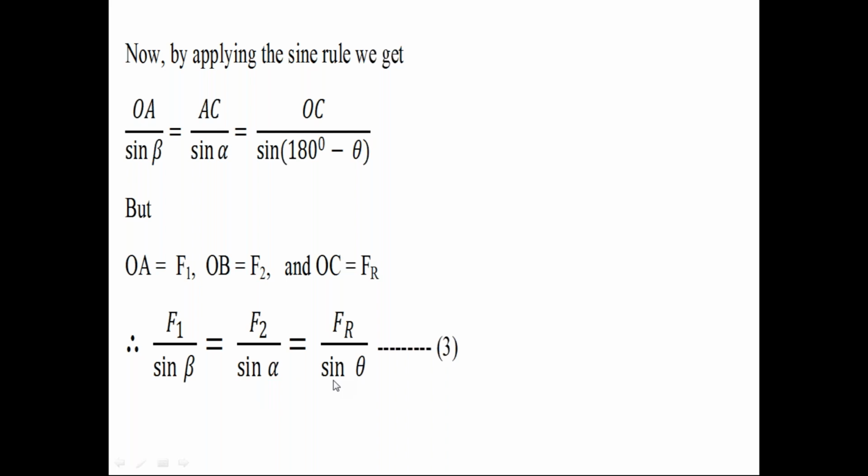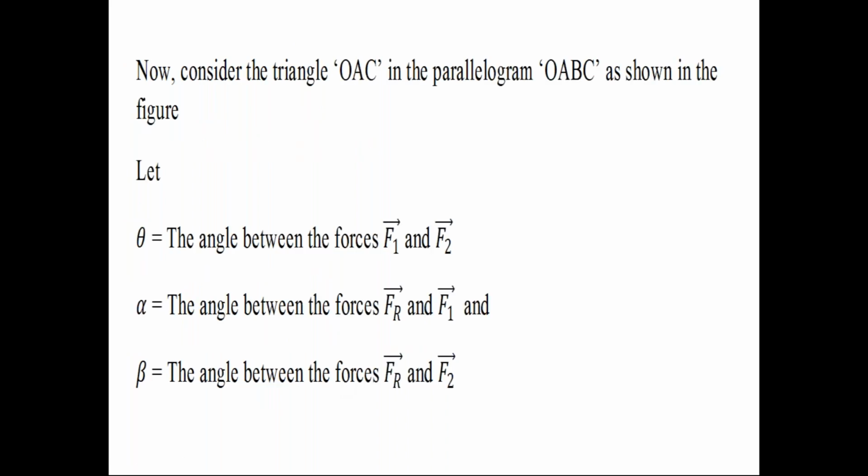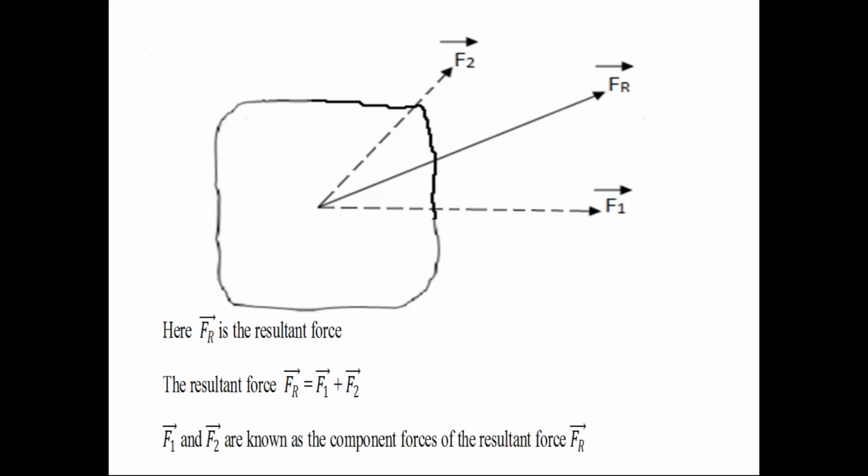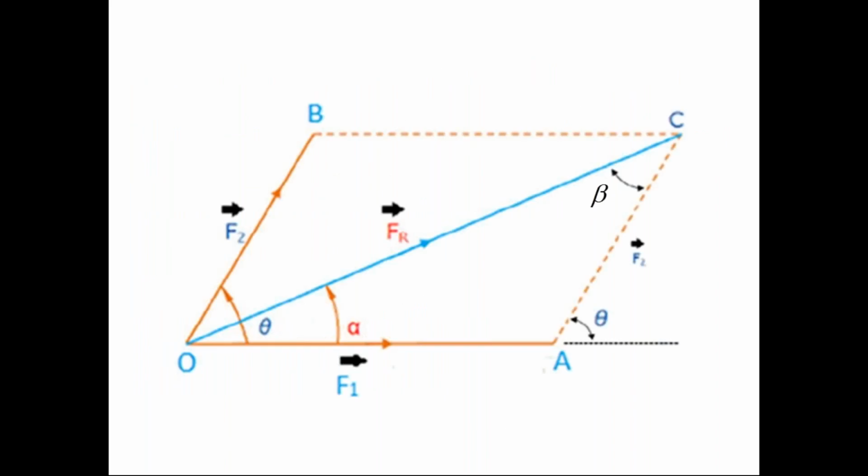So check the angles alpha, beta, theta in the previous diagram. Alpha is the angle between the forces F1 and Fr. Theta is the angle between the forces F1 and F2. Beta is the angle between the forces Fr and F2.